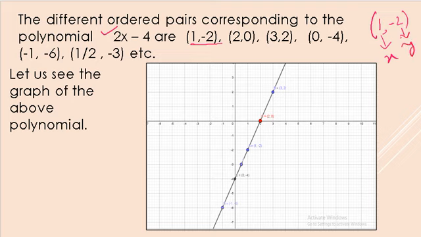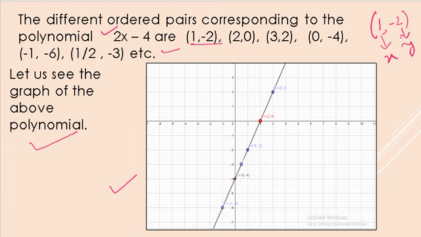Like this we can write the others, and we take the graph paper. Let us see the graph of the above polynomial. You see here this point, this point, this point, all the values which we have taken to get the values of p(x). Like this we can plot them on the graph.